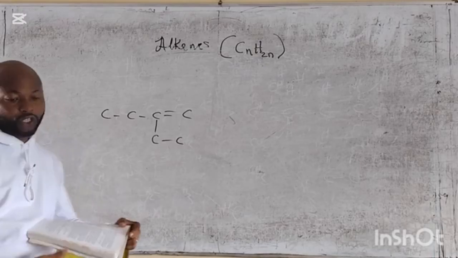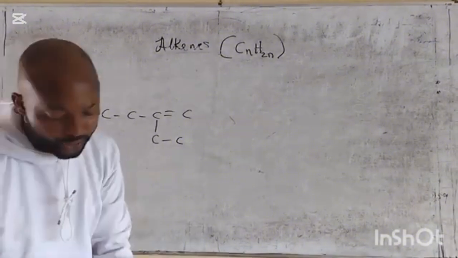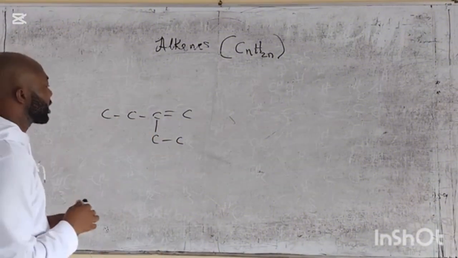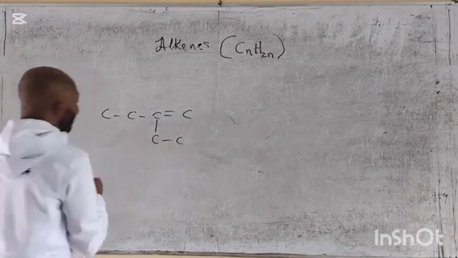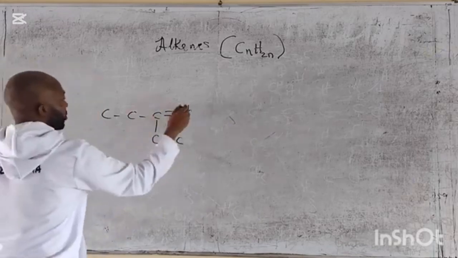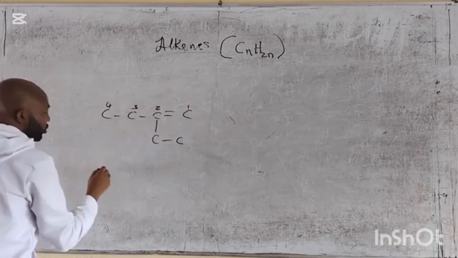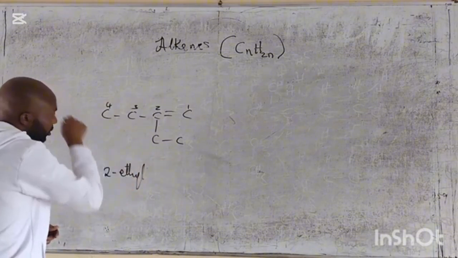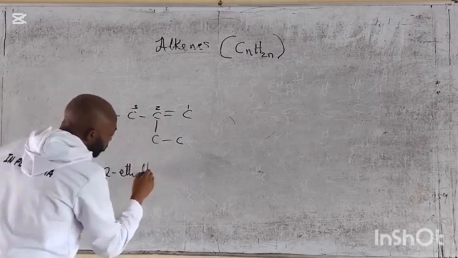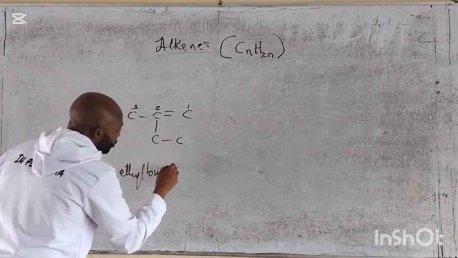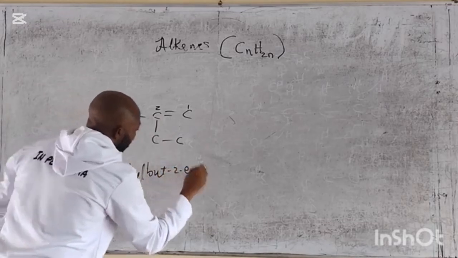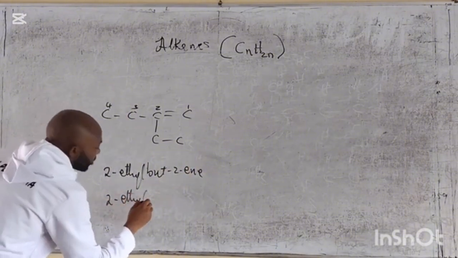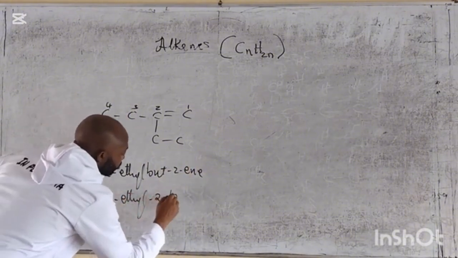Okay, so since there is a substitution there, a substituted alkene, 1, 2, 3, 4 is our parent chain. So what they are telling us is, this is 2-ethyl, 2-ene, or 2-ethyl-2-butene.